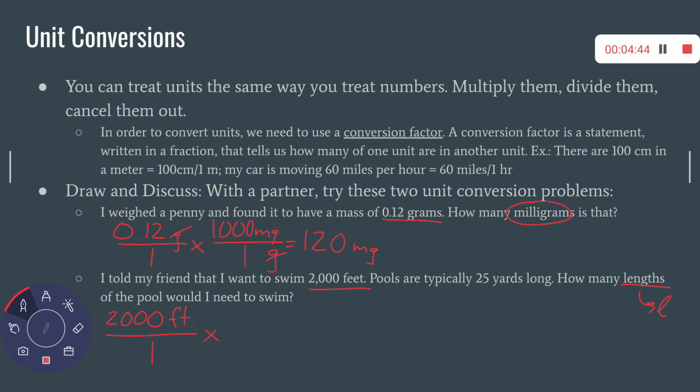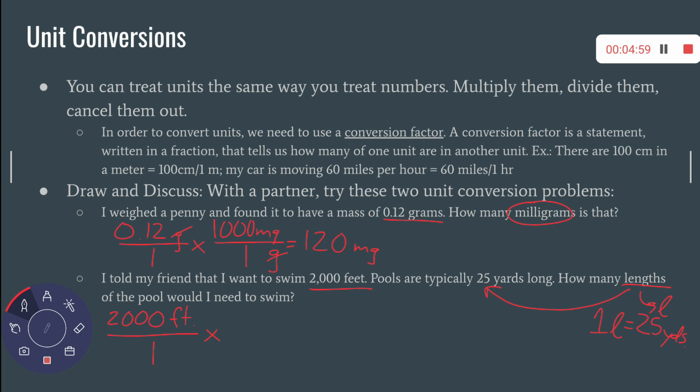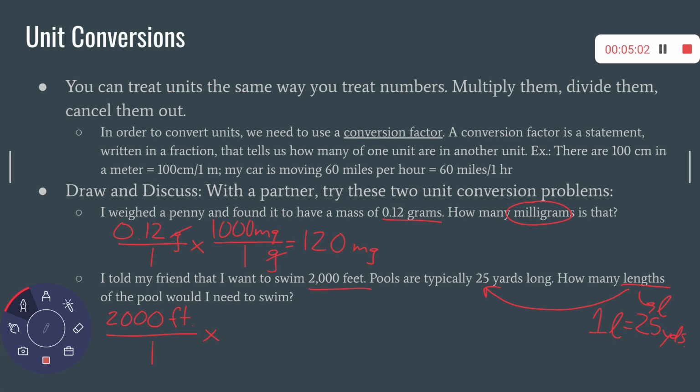If I'm looking at this problem, I see that one length of the pool is 25 yards. One length equals 25 yards. That's going to be one of my conversion factors, but if you notice, our starting unit is feet. I don't have a conversion factor that goes from feet straight into lengths of the pool. And so I actually need multiple steps to solve this problem. So the first thing I'm going to do is convert my feet into yards.